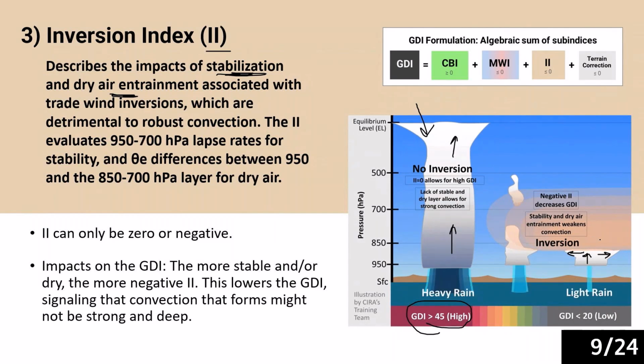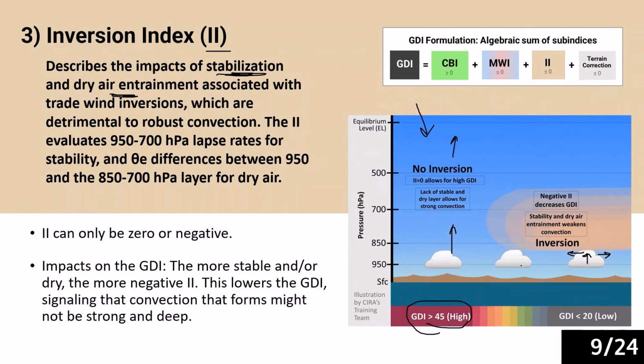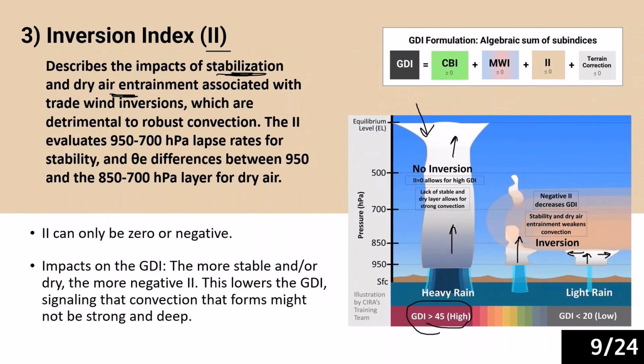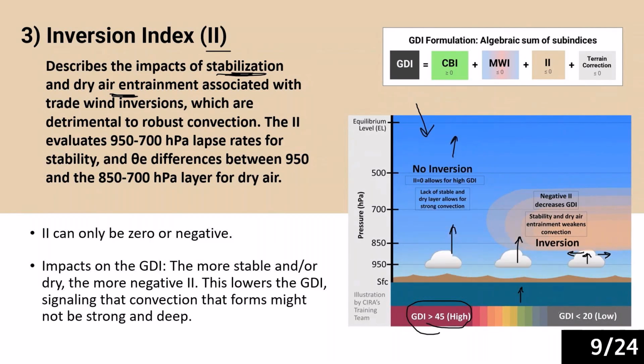Whatever can go through interacts with the dry air and dissipates. And if you're somewhere in the middle, you will get some growth, but also some dry air entrainment processes. The cloud is going to struggle to grow. You're going to get some dry air entrainment, and at the very end of the day, your precipitation is not going to be as heavy. So the trade wind inversion has a very strong impact in limiting the GDI.